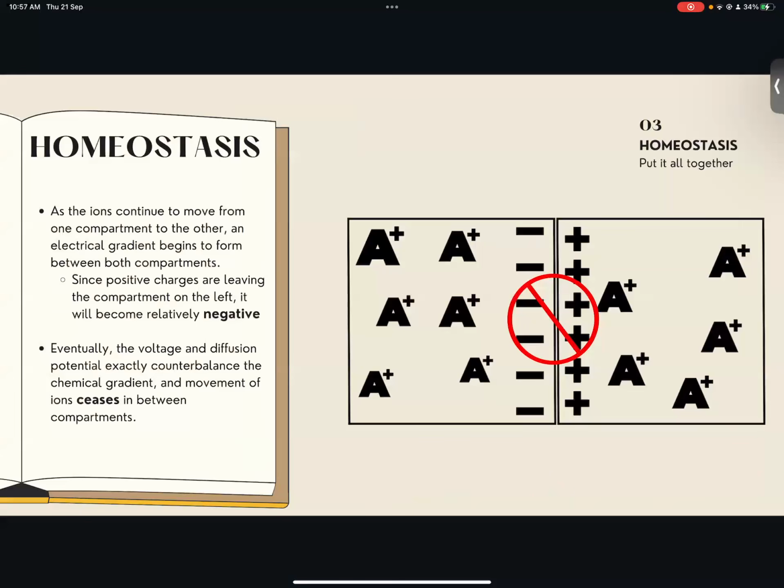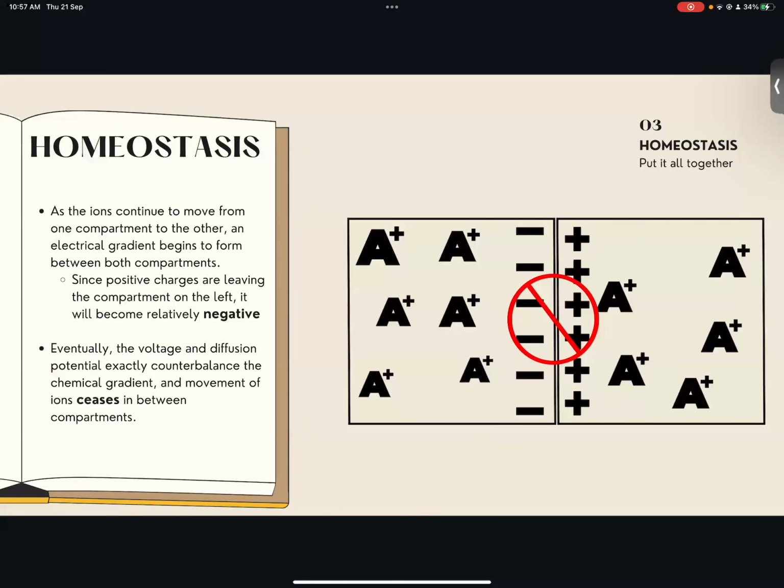Now, you have this concentration gradient, this chemical gradient that's going to be pulling these A's from the left to the right. But I mentioned that there's an equal and opposing electrical force that's going to cease all movement of these ions once you get to that point.